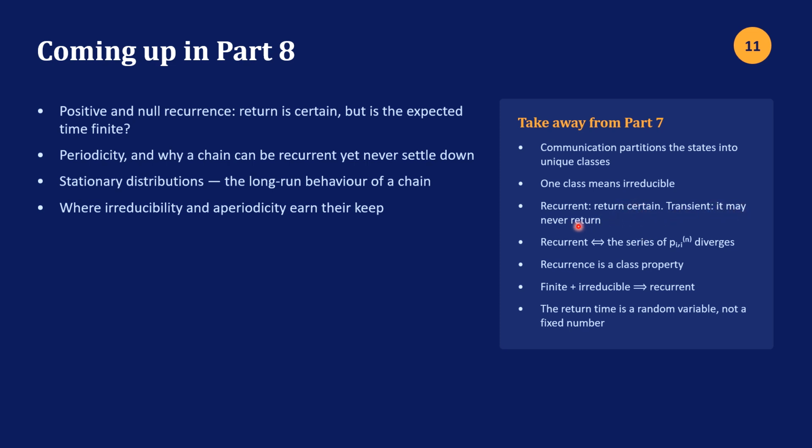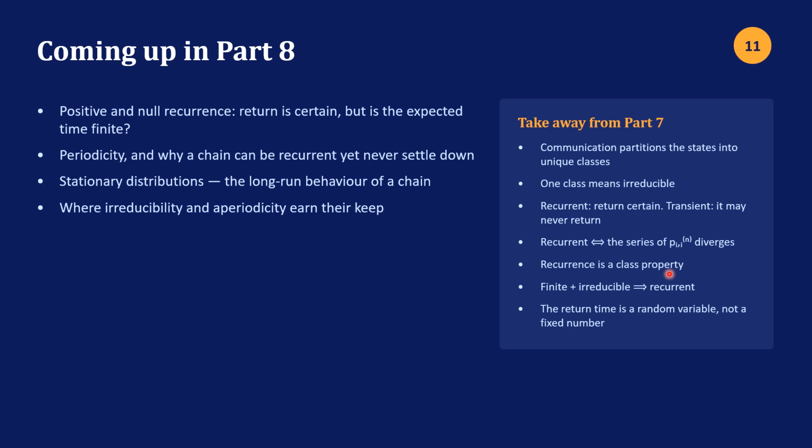Transient: it may never return, so there's only a less than 1 probability of coming back to the state. Recurrent, and we had some additional equivalent definitions: recurrent if and only if the series of P sub I n diverges, and we saw that in our example.